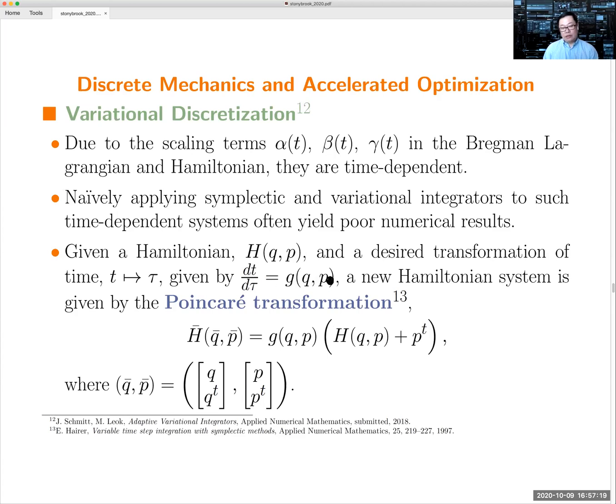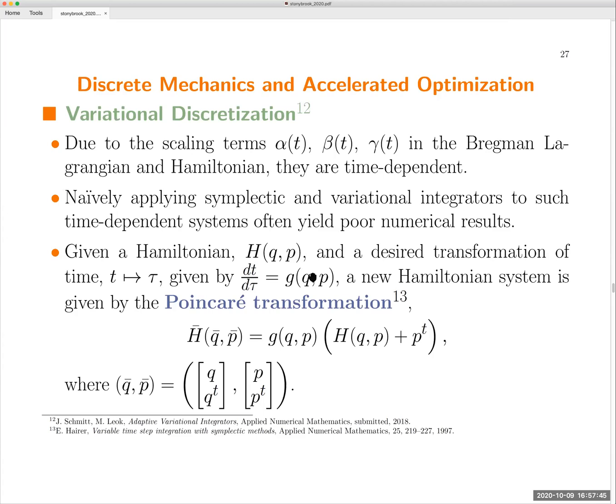And so you have a time step choice which depends potentially on your position and your momentum. So you choose based on the configuration of your solution. So in other words, it is adaptive time steps because you're allowing the time step of the discretization to depend on where you are. Yes, exactly. Okay. I just wanted to make sure that I understood that.